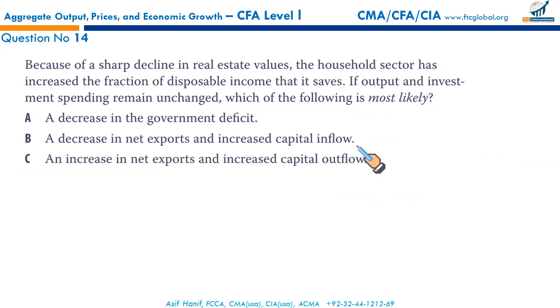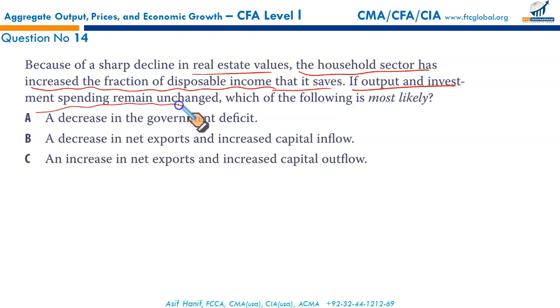Okay, because of a sharp decline in real estate values, the household sector has increased the fraction of disposable income that it saves. If output and investment spending remain unchanged, which of the following is most likely correct? We know the function we just discussed in the previous question.